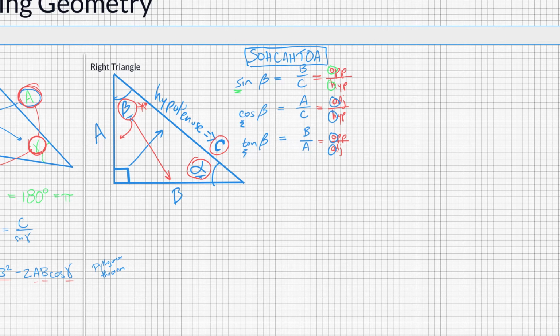Noting that in this case, the opposite is A, and the adjacent side is B, and the hypotenuse is still C. So the sine of alpha equals the opposite, A, over the hypotenuse, C. The cosine of alpha equals the adjacent, B, over the hypotenuse, C. And the tangent of alpha is going to be the two sides that don't involve the hypotenuse, starting with the opposite, so A over B. So that's SOHCAHTOA, the most important thing that we will do here right now, and it's just about recognizing those ratios of those sides.